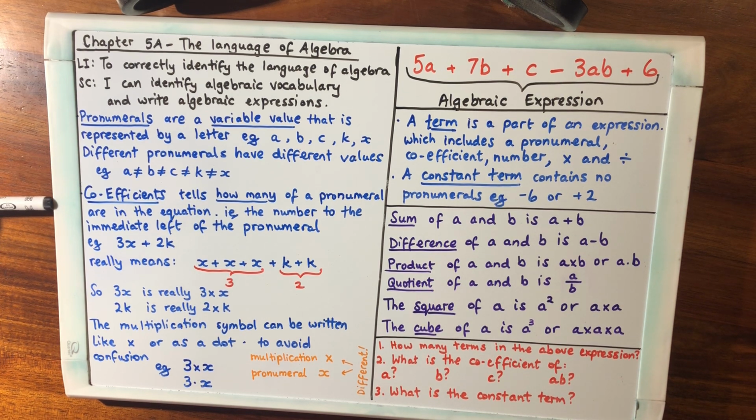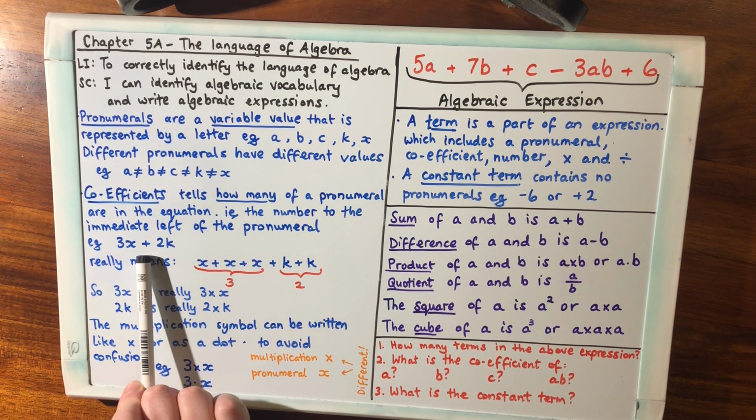Coefficients tell how many of a pronumeral are in the expression, i.e. the number to the immediate left of the pronumeral. For example, this example here is 3x plus 2k. And that really means that 3x is just x plus x plus x. There are 3 of those x's, and so we condense that down into 3x.